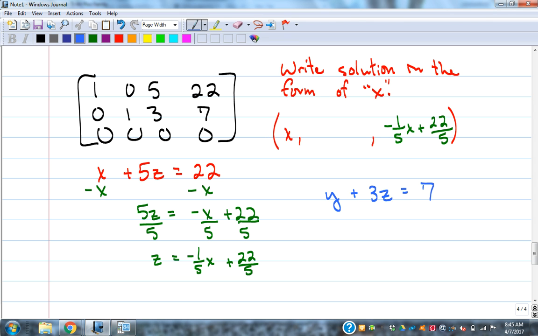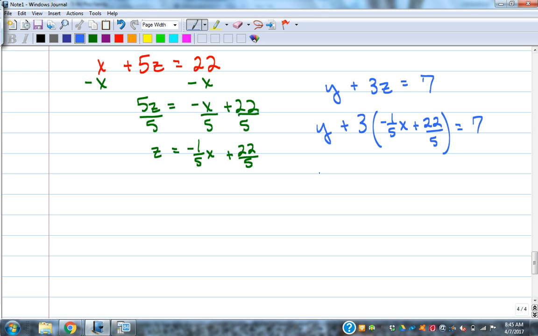We're going to take this and replace Z with it: 3 times negative 1/5 X plus 22 over 5, and solve that thing for Y. So Y plus negative 3/5 X plus 66 over 5 equals 7. Subtract 66 over 5.